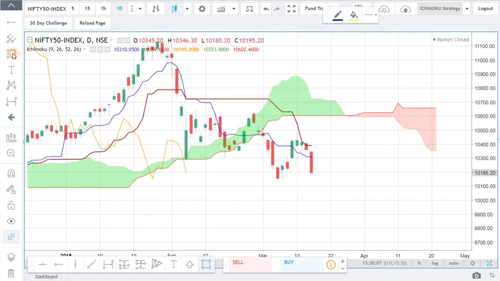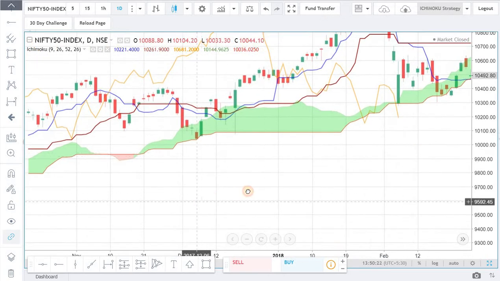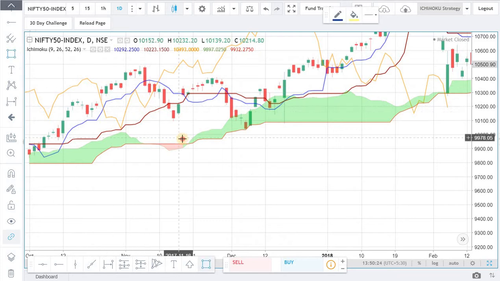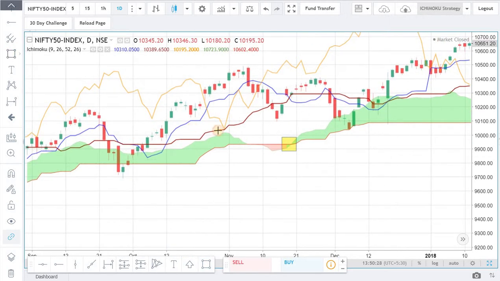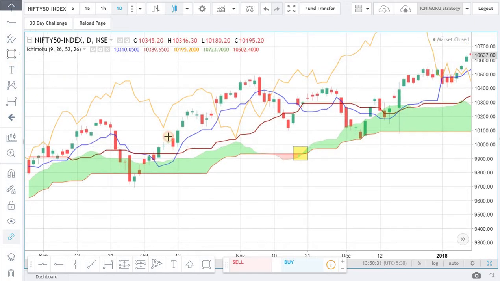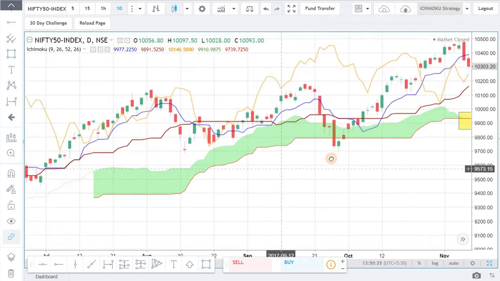scenario, there you go. There is a cloud twist from bullish to bearish, from green to this. So span A actually came down, so it crossed below span B. If I look at the other indication over here, this is a bullish indication. This is a bearish twist.